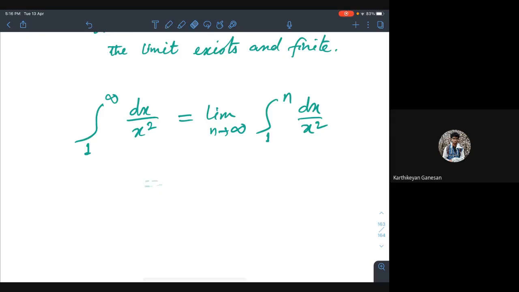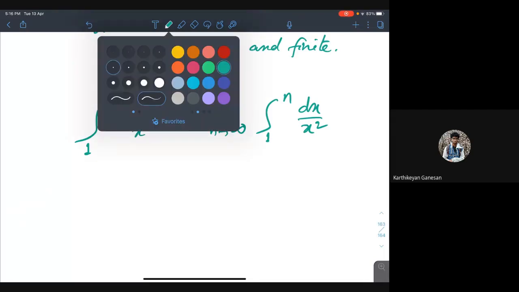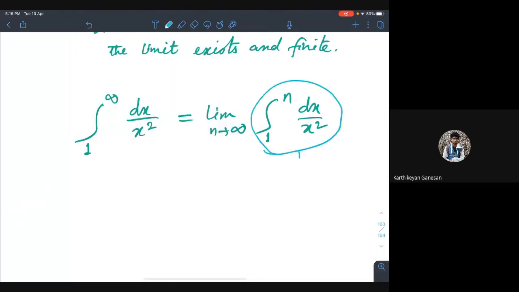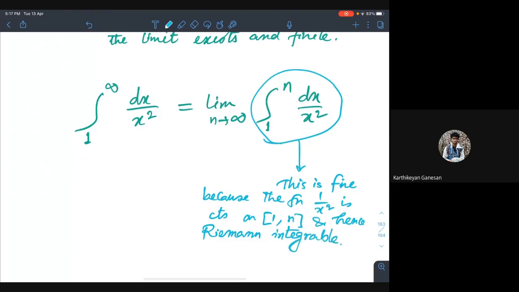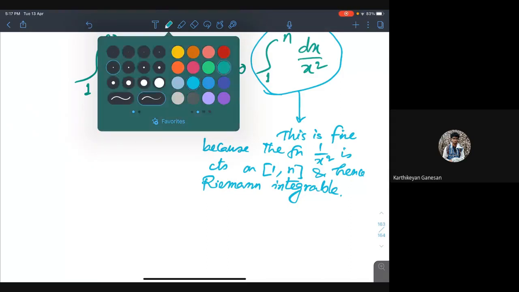Now this is perfectly fine, right? This is fine because the function 1 over x squared is continuous on 1 to n and hence Riemann integrable. All right. So let us evaluate that.